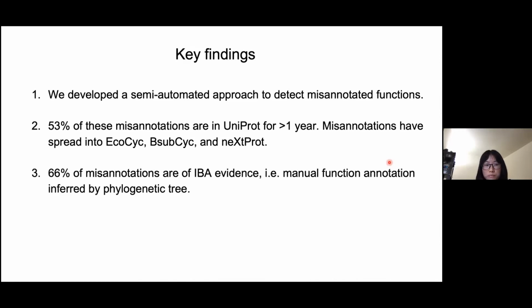We also reported that 66% of misannotations are from the IBA evidence, and we clarified that the reason why IBA misannotated these proteins is that they use a phylogenetic tree.